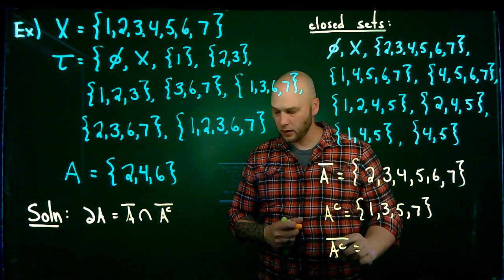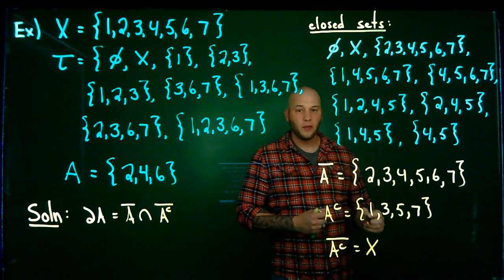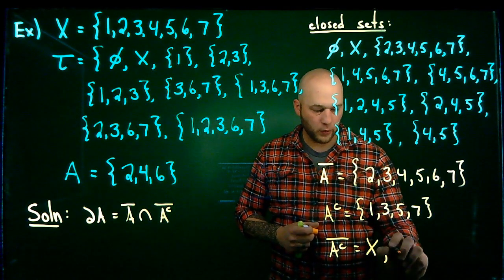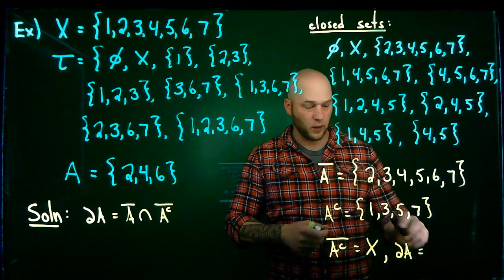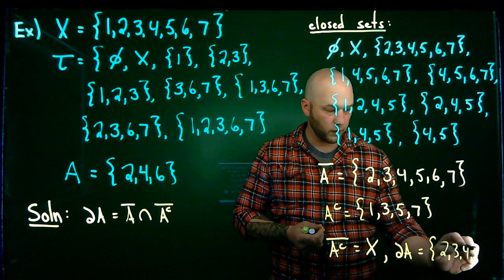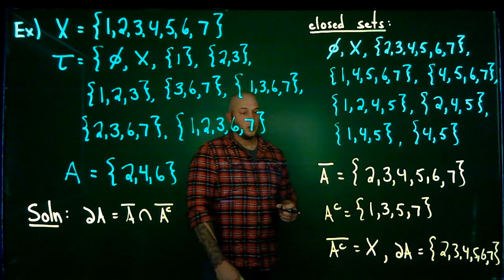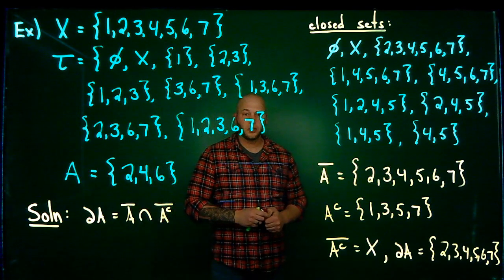That would just be X itself. So the closure of the complement will be X itself, and therefore the boundary of A would be the intersection of those two, which would be {2, 3, 4, 5, 6, 7}. That would be the boundary of A, just using the constructive definition that I started with.